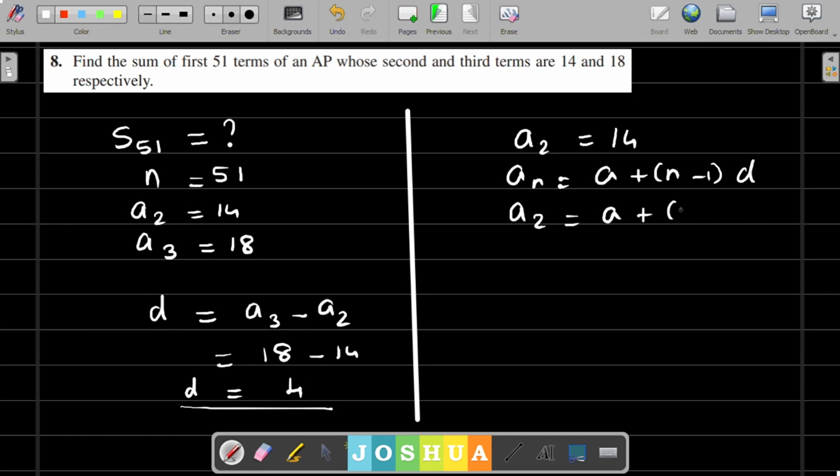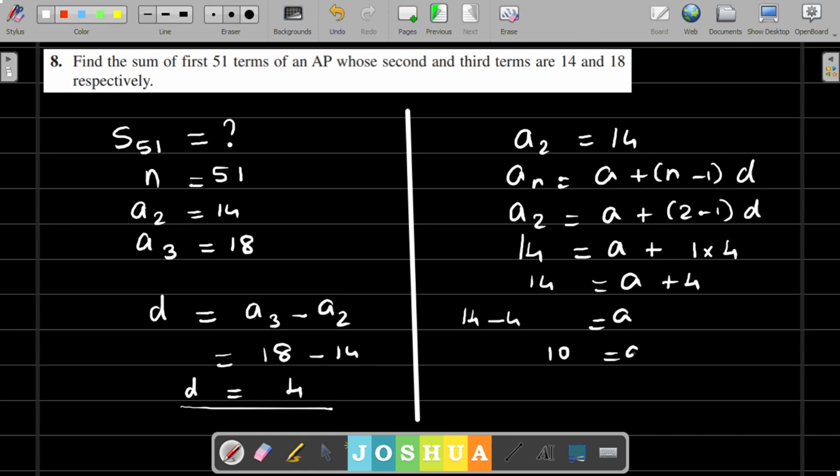So that is A plus 2 minus 1 times D. The value of A2 is 14, and the value of A I am going to find out. 2 minus 1 is 1 and the D value is 4, so A plus 4 equals 14, or 14 minus 4 is equal to A, finally A is equal to 10.